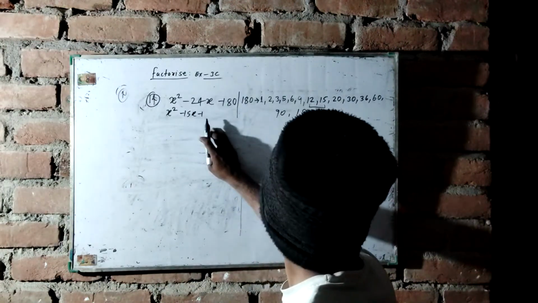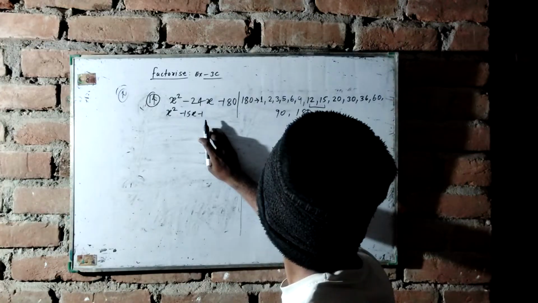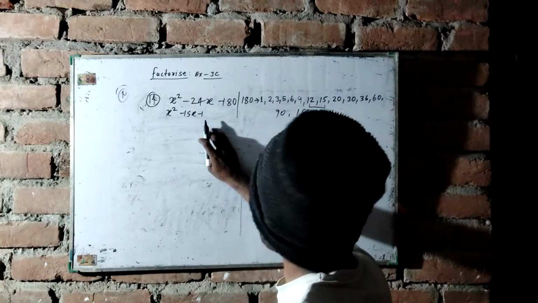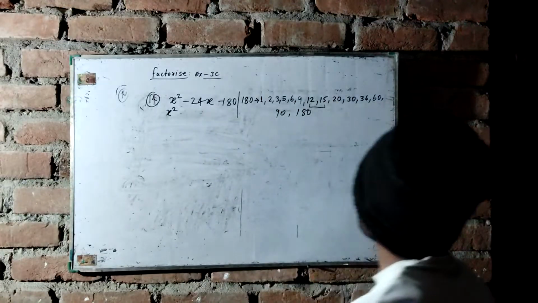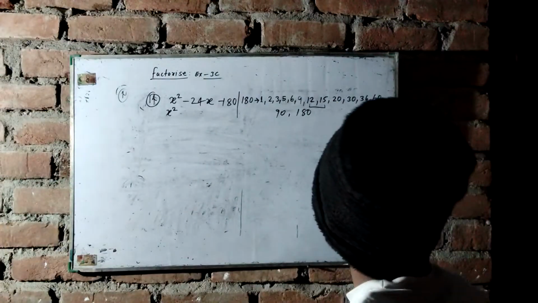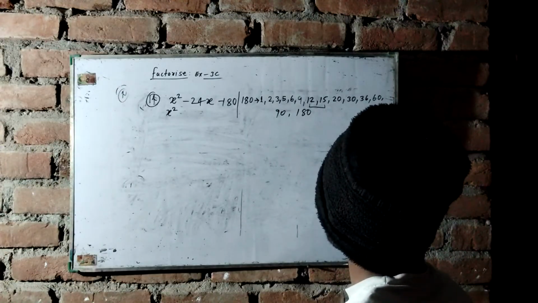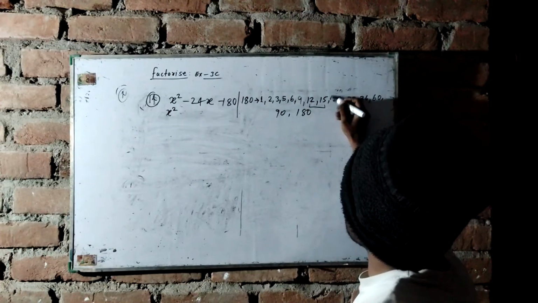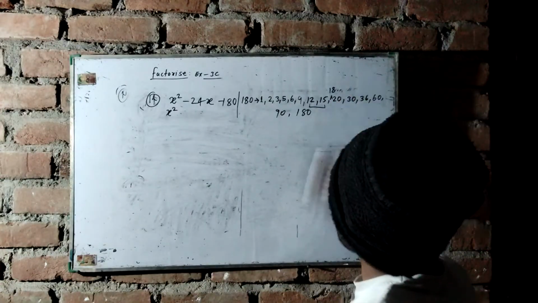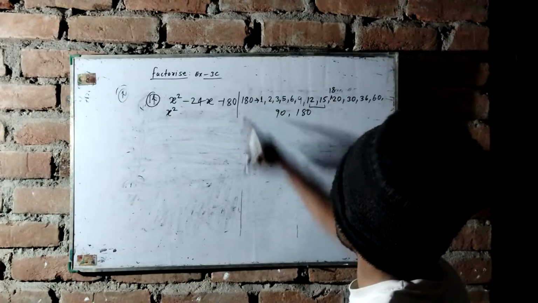Am I right? No. We can't write these numbers. So take another numbers. Oh, sorry, we missed one number. 18 also will be a factor of 180.